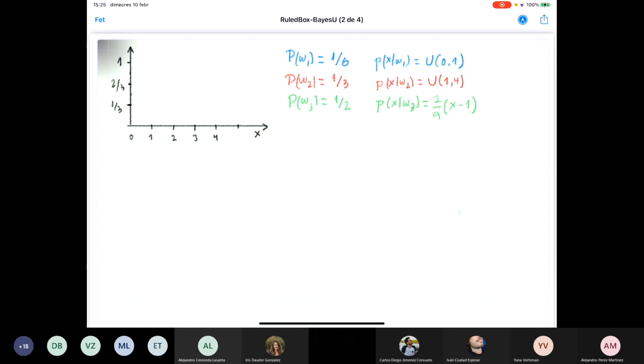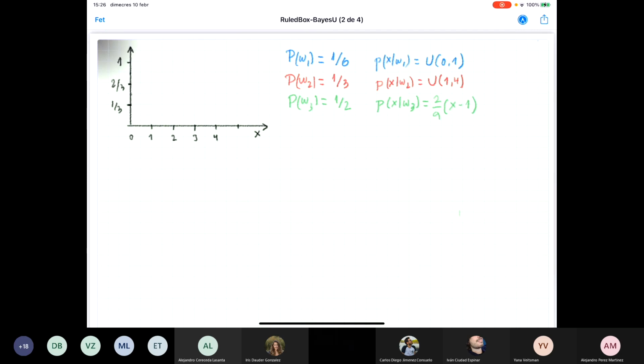The sum of these has to be 1. Okay? And on the other hand, our distributions, the class conditional probabilities of class 1 and class 2, are uniform between 0 and 1 and between 1 and 4. Please check the statement because I did it very quickly. 0, 1, 1, 4. And then the third class distributes linearly between 1 and 4.